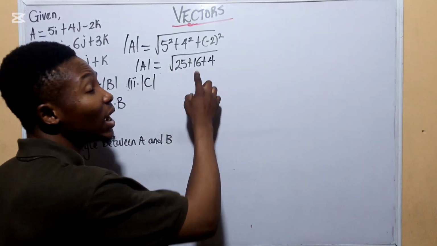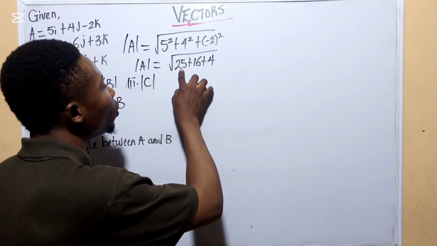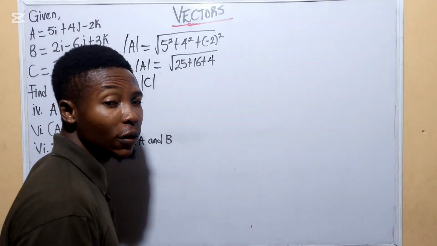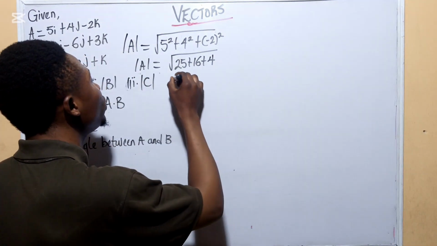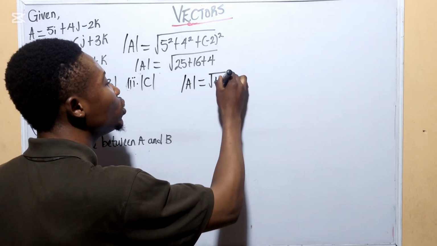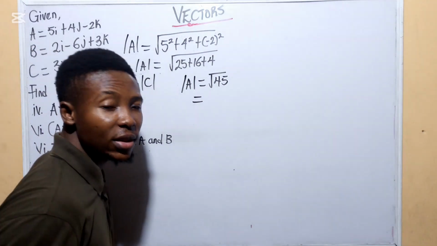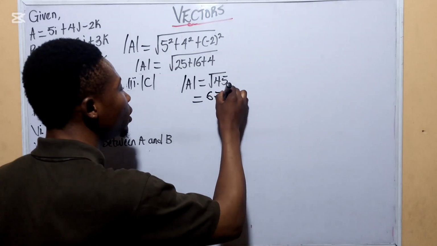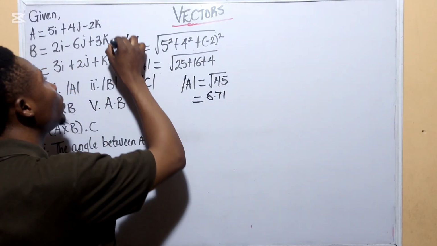Now 4 plus 16, that gives us 20. 20 plus 25, that gives us 45. So this is going to be equal to square root of 45, which is going to give us 6.71. Now that's magnitude of A, which is I.